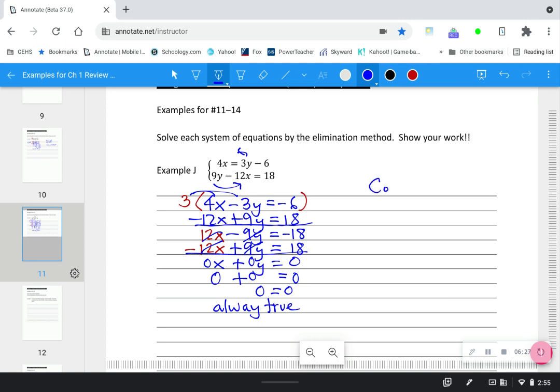It's really the same line twice, which leads to infinitely many solutions. And this is called a dependent system.